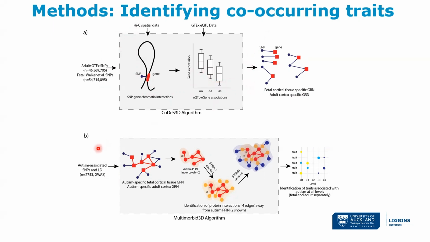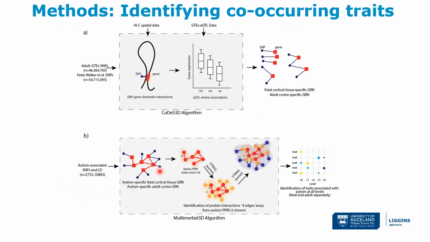We then used GWAS data to subset those gene regulatory networks to only include the SNP gene interactions for the SNPs associated with autism. Next, we extended this out using protein interaction data. We identified the proteins interacting with the proteins encoded for by the genes regulated by autism-associated SNPs.